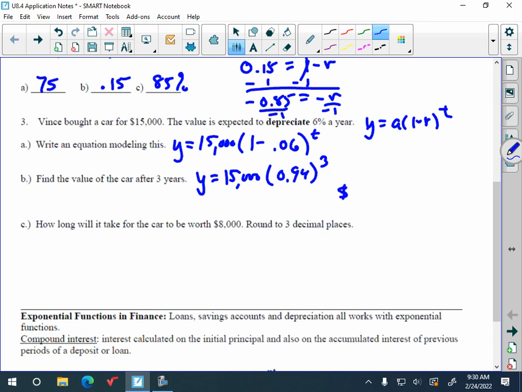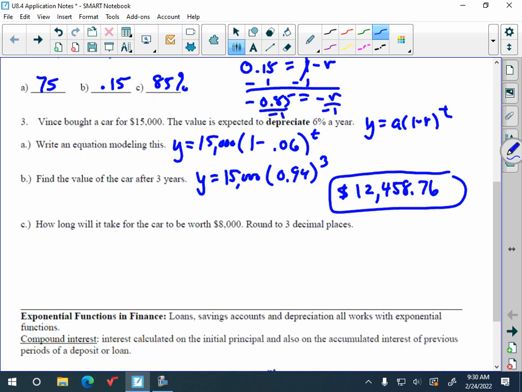So we should get 12,458.76. So it starts off at $15,000, and then after 3 years, it's worth a little over 12,000. Now C, how long will it take for the car to be worth 8,000?